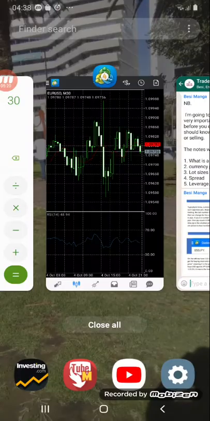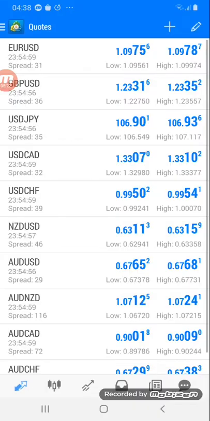Let's go back to our MetaTrader 4. The first chart you'll see is all about currency pairs. On the left hand side of the screen, it's all about comparing two currencies, from Euro USD, from GBP USD, from USD JPY, which is Japanese yen. It's all about comparing currency pairs. That's what currency pair stands for.